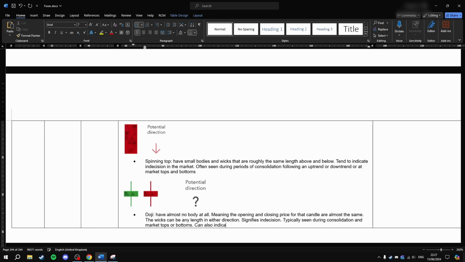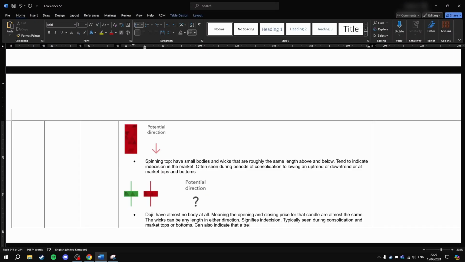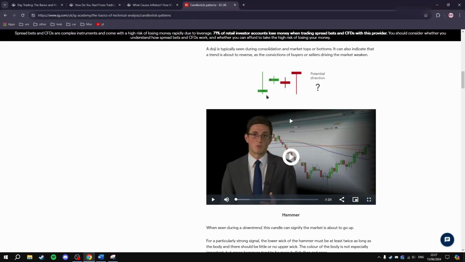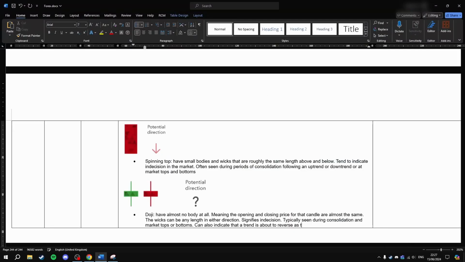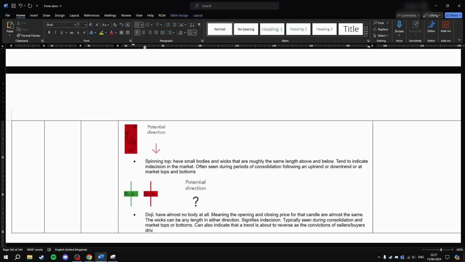Can also indicate that a trend is about to reverse, as the conviction of sellers or buyers driving the market weakens.